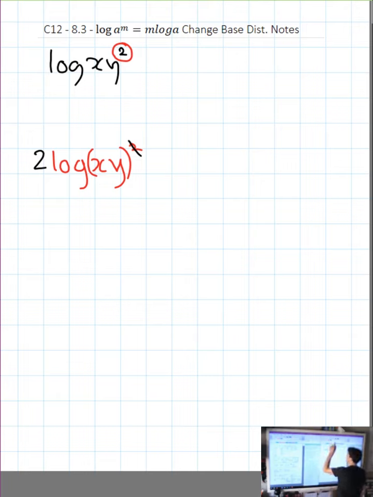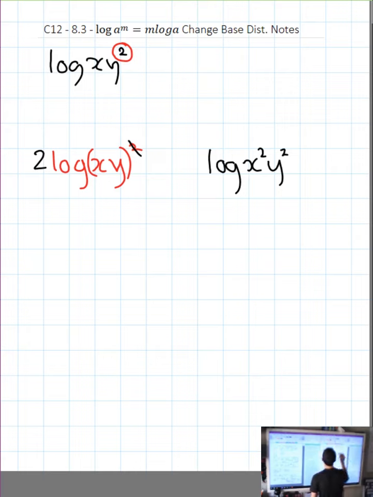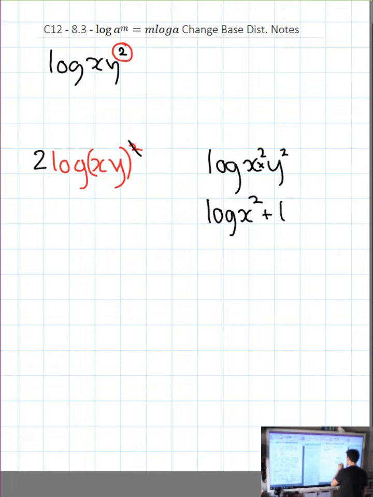Let's take a look at another example. Log x squared y squared. Well, we're going to learn on the next page that if we have a multiplication, we can separate it into an addition. So log x squared plus log y squared. Then I can bring my exponents down in front.